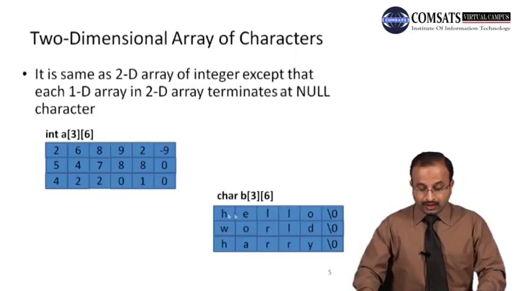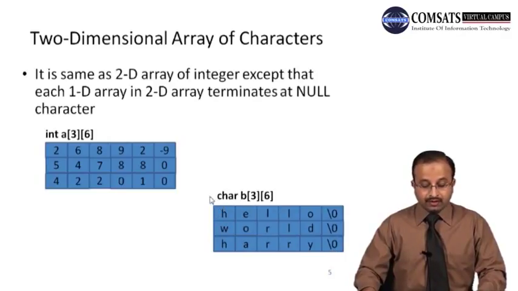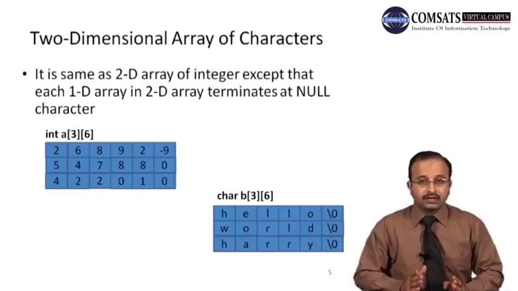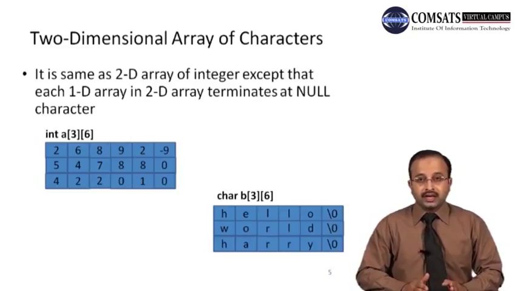So the first string is hello, terminated by the null character. Second string is world, again terminated by the null character, and the third string is Harry, again terminated by the null character. But the difference is also in the memory that is allocated for character and integer array. In an integer array, each element takes 4 bytes, while in character array each element takes only 1 byte of memory.